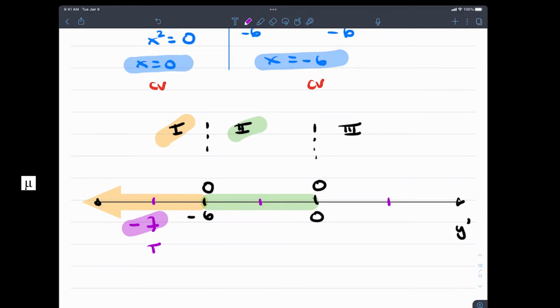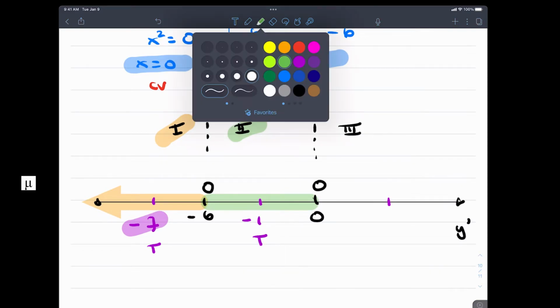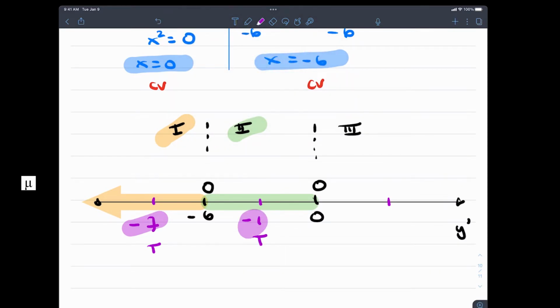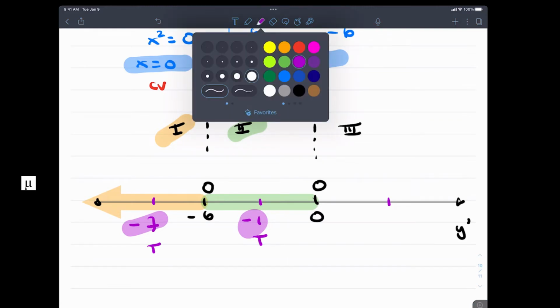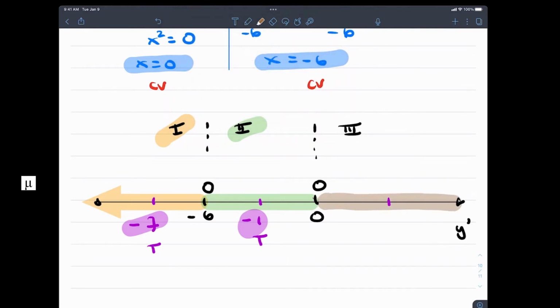Any number? -1 will work. Good. Okay, now give me a number to the right of 0 for this last region, region 3. Okay, and I'm going to color coordinate this. What number? Maybe +1. I'll choose that one. How's that?